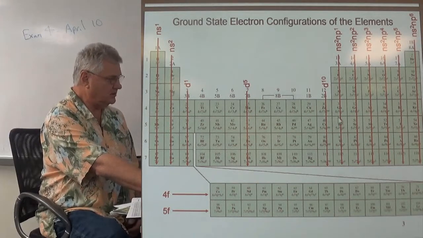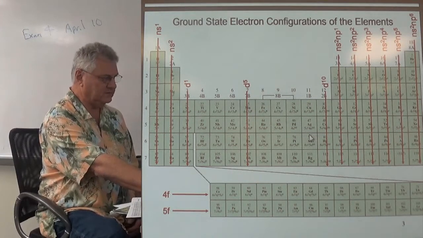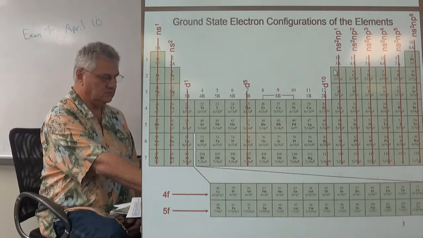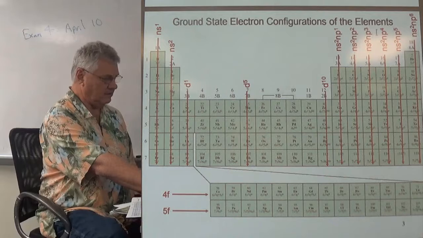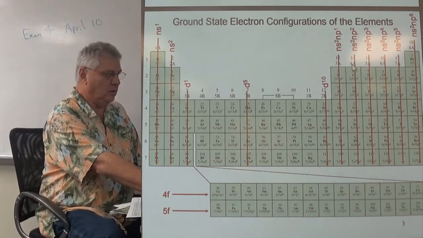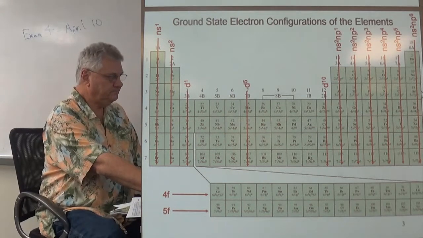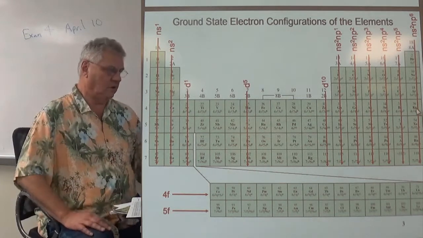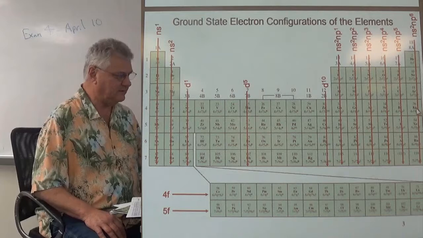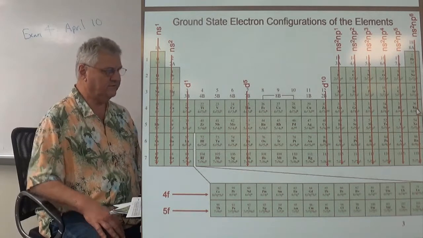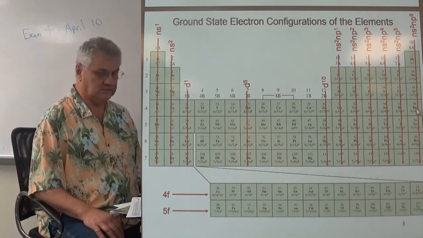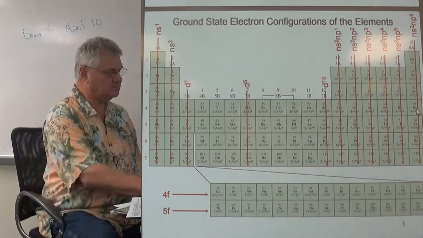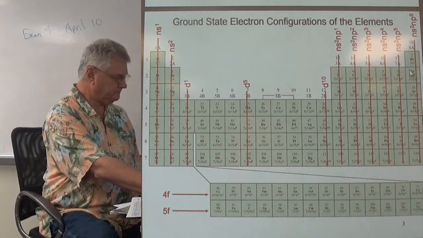D orbitals, by and large, are filled in the transition metals here. When you get to the main group elements on the right, now we encounter new p orbitals that are filled. And again, the distinguishing feature for the noble gases, except for helium, of course, is the fact that all 6 electrons have filled the 3p orbitals with that new energy level.